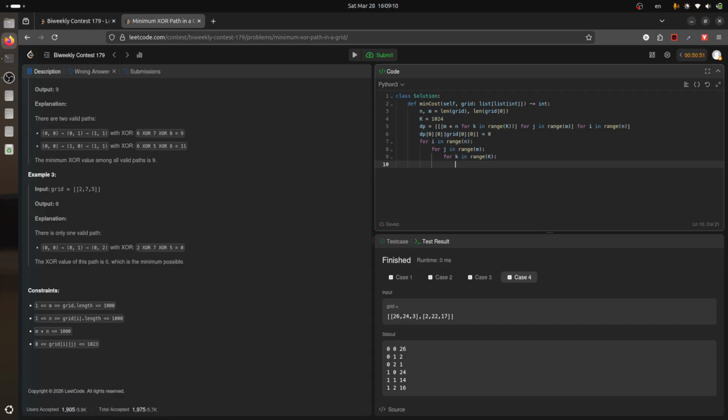Okay. So xk is equal to k XOR grid[i][j], and now if i, then dp[i][j] is the minimum of dp[i][j] and dp[i-1][j][xk] plus 1, and if j, dp[i][j][k] is the minimum of dp[i][j] and dp[i][j-1][xk] plus 1, and then return the minimum of dp[-1][-1].